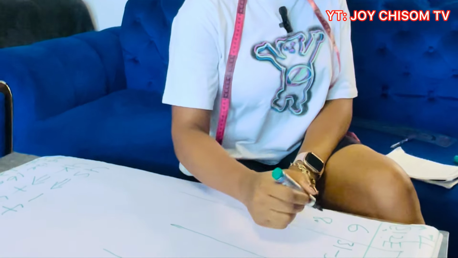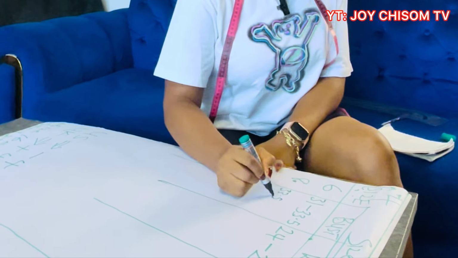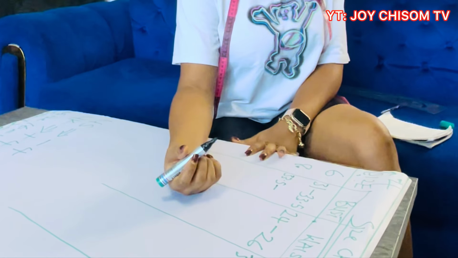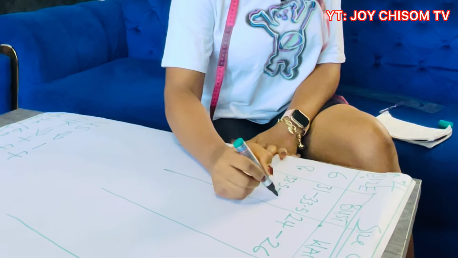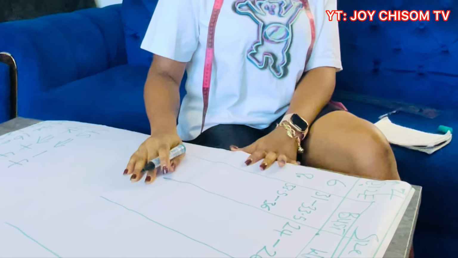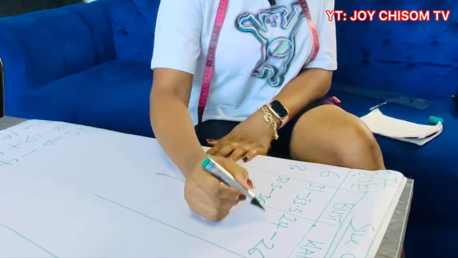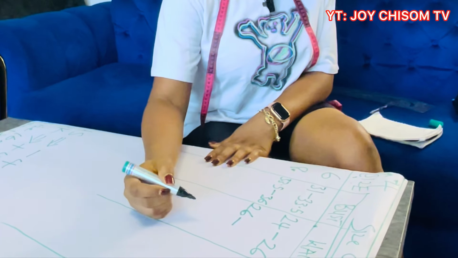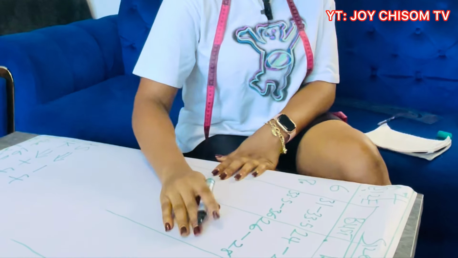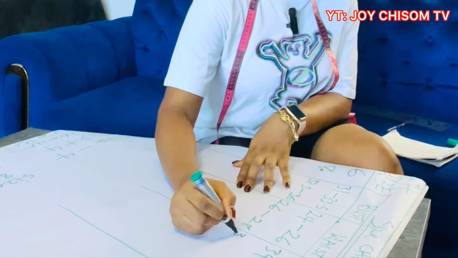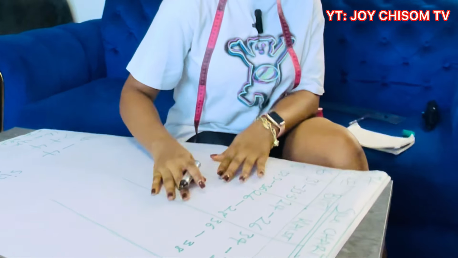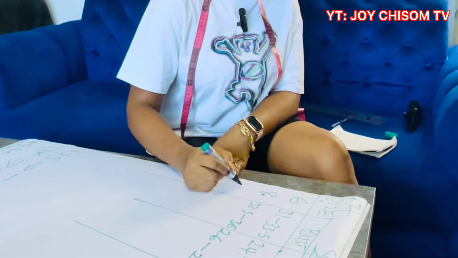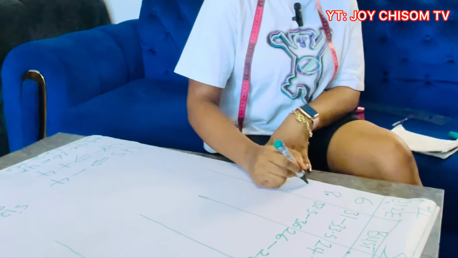So now what we have here is 33.5 to what? 36. Do you understand? Then 26 to what? 28. From 36 to what? 38. Then this one 6, 8, 10.